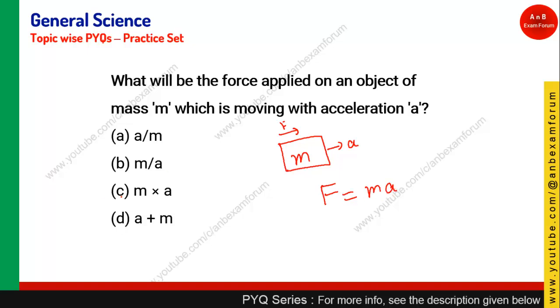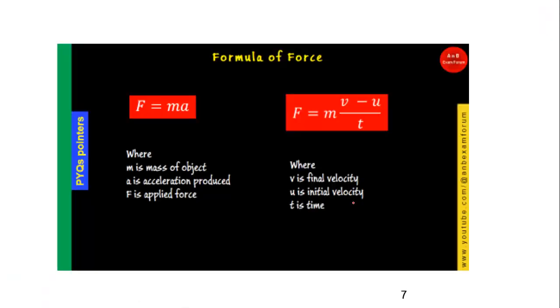So option C, those who have given it, are right. This derivation we are not going to see in today's session; in Newton's laws of motion we are going to see how it is derived. These are the two formulas of force: F is equal to ma, and the other one is F is equal to m times (v minus u) by t. (v minus u) by t is nothing but your acceleration, change in velocity by change in time.